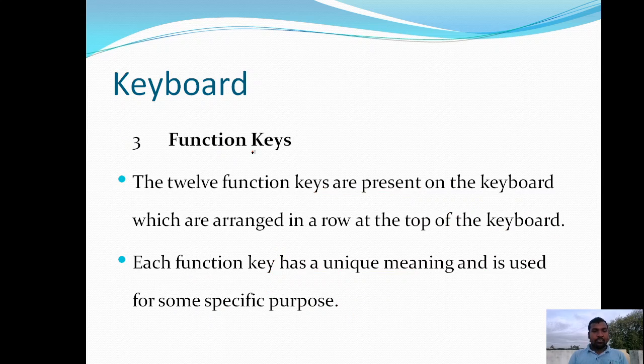Now the functional keys. There are 12 functional keys present on the keyboard, arranged in a row at the top of the keyboard. Each functional key has a unique meaning and is used for specific purposes. So F1, F2, F3, F4 and up until F12.